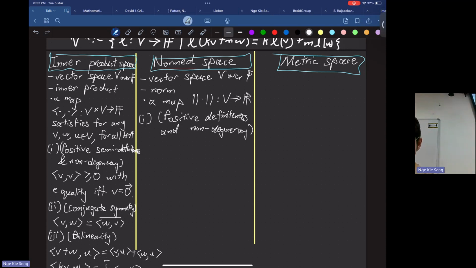What does this mean? This means that if my vector is not zero, then this norm should be positive. So if you are not the zero vector, somehow you are attached with a positive number. Usually we understand this as a length. Length is positive, right? There shouldn't be a negative length. If negative, how do you measure?